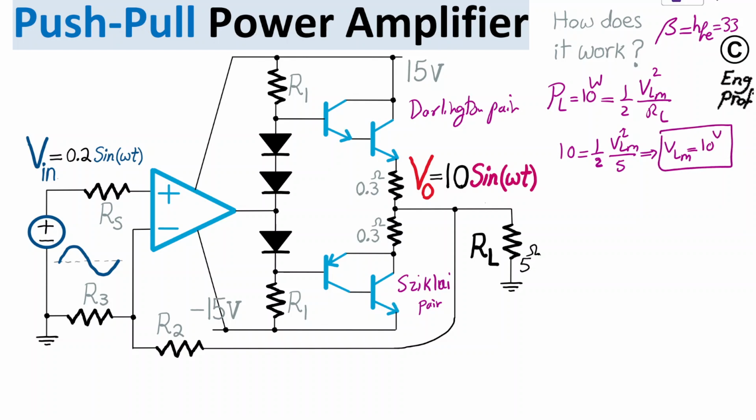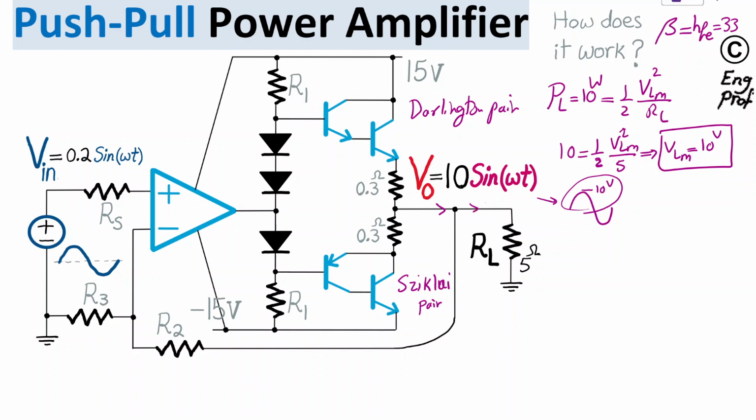Okay, so what is the corresponding maximum current flowing through the circuit at the peak? The sinusoid looks like this. At the peak of 10 volt, we have a maximum current flowing through the circuit. So what is that current?